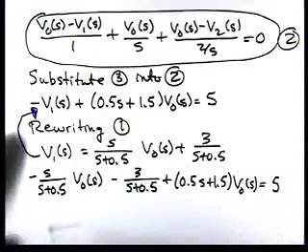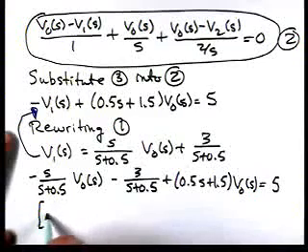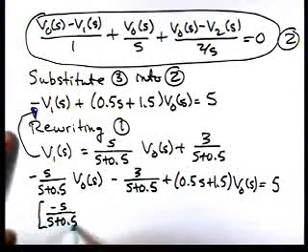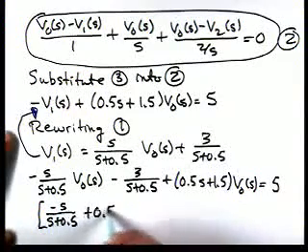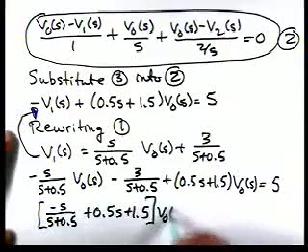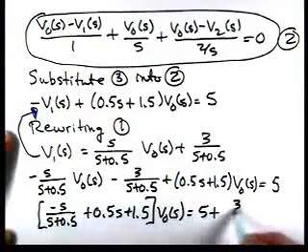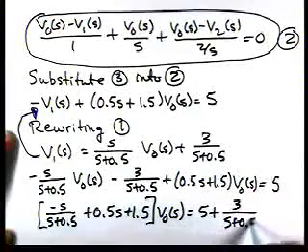And if we rearrange again, we have minus S over S plus 0.5 plus 0.5 S plus 1.5 times V0 is 5 plus 3 over S plus 0.5.